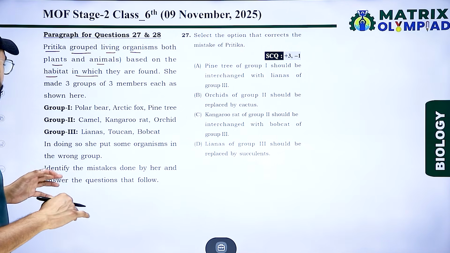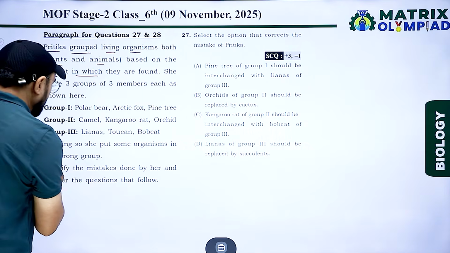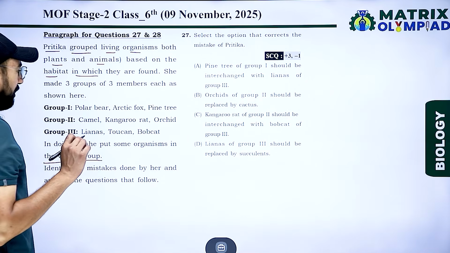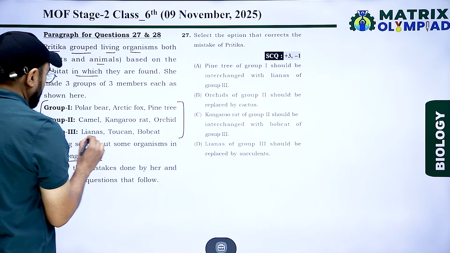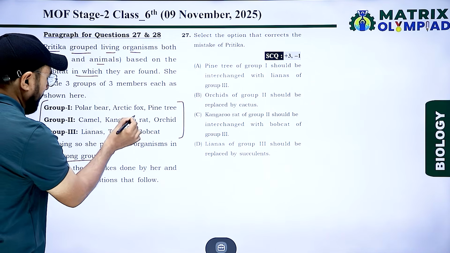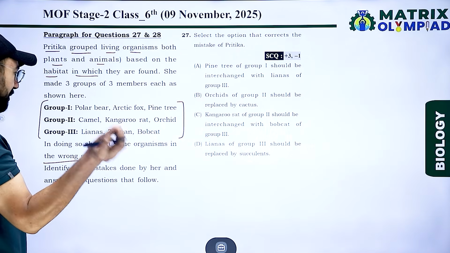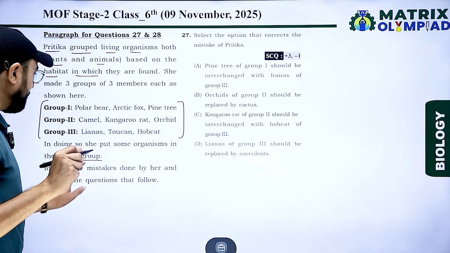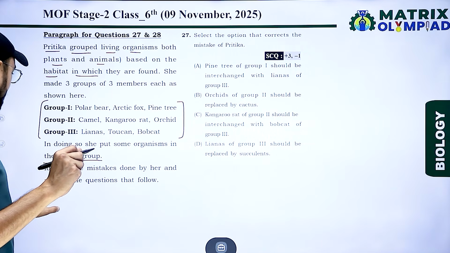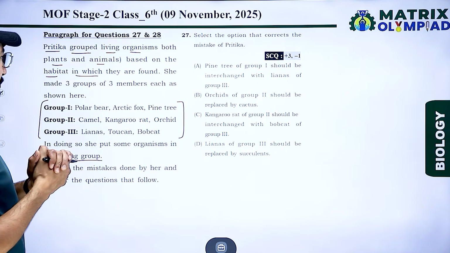In doing so, she put some organisms wrong in a group. Meaning to say, these are the 3 groups, and some animals are wrongly arranged in groups. Identify the mistake done by her and answer the questions that follow.